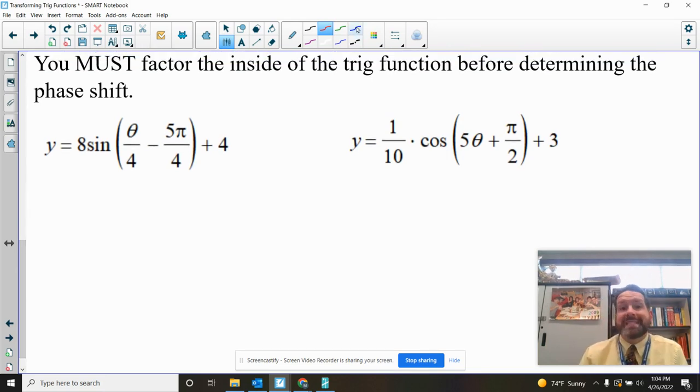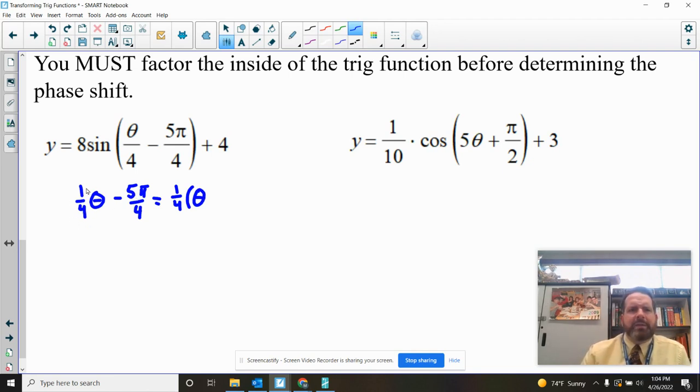Now, what makes this complicated is that before you can determine the phase shift, you have to do an additional step of dividing out B. Here's how it looks. We're going to focus on what's in the parentheses here. I do need you to know that theta divided by 4 is the same as theta times 1/4. And in order to be able to quickly identify what the phase shift is, we need to factor out, divide out that B coefficient of 1/4.